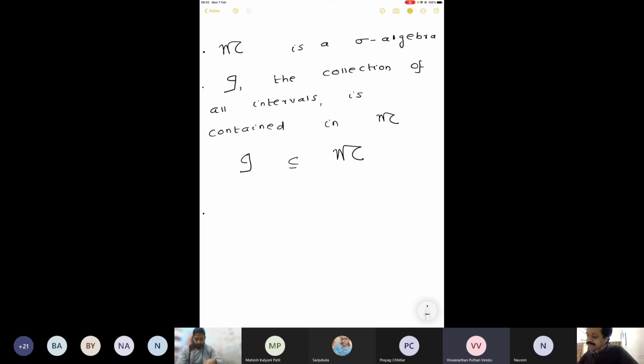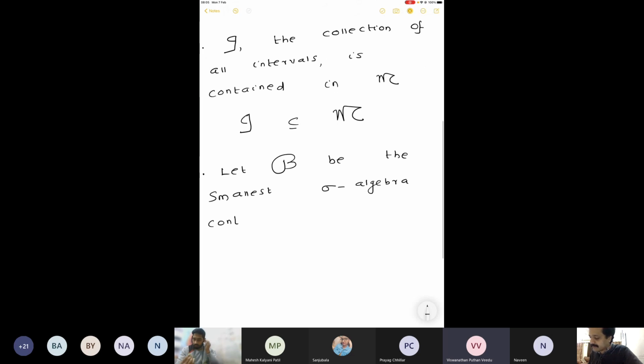On the other hand, we can think of the smallest sigma algebra containing all open sets or all open intervals. And that we called script B, the Borel sigma algebra. Let B be the smallest sigma algebra containing all open intervals, or you can say containing all open sets.